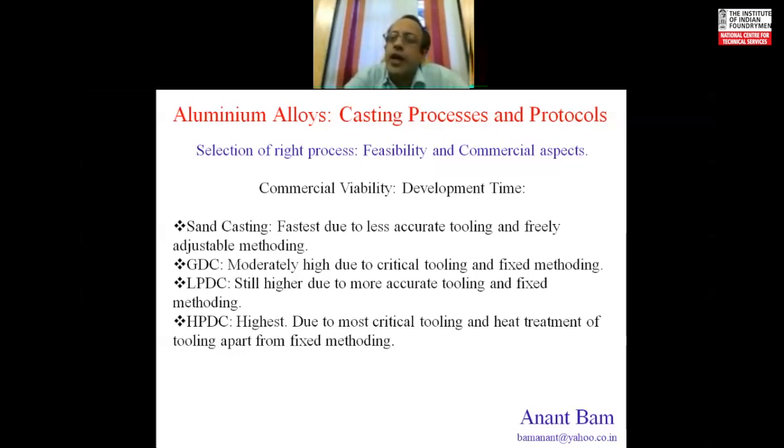Otherwise, even a hairline gap may lead to whole metal coming out of the die in jet force, leading to fatal accidents. Hence, tooling becomes very critical, and to sustain this force and temperature, the thermal shocks and pressure shocks, the die has to be nitrided, the heat treatment is critical, and thereby adding to the time of development.